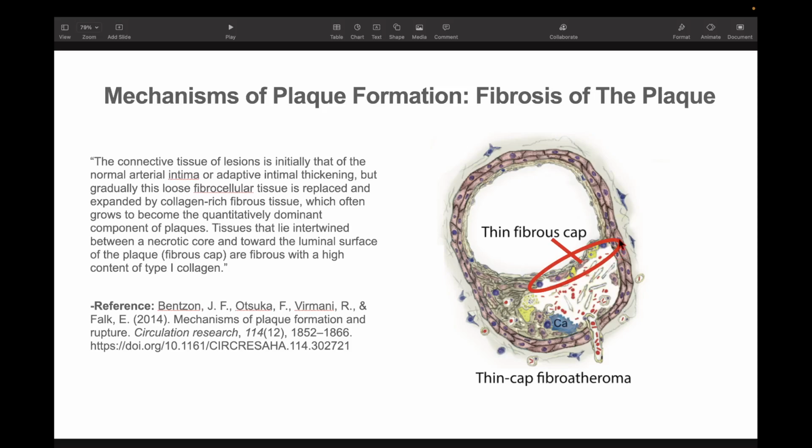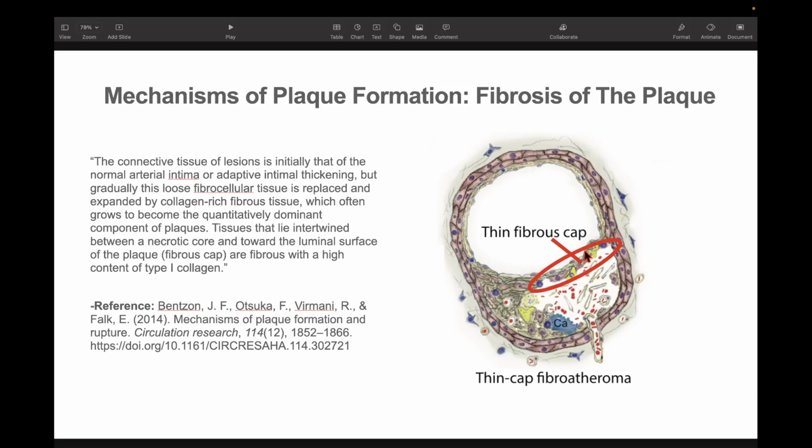And you can see here that you have the necrotic core with the vessel moving in and all this dead tissue or dead cell components and oxidized fats here, and you get this thin layer of fibrotic tissue that kind of walls it off. Now this will become problematic as we see in a bit, because walling it off with this thin fibrous layer, if this wall breaks, well, now you have an embolism.